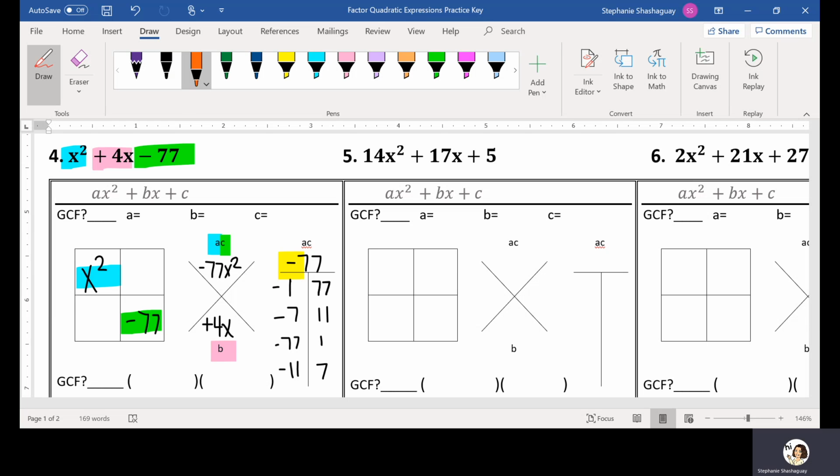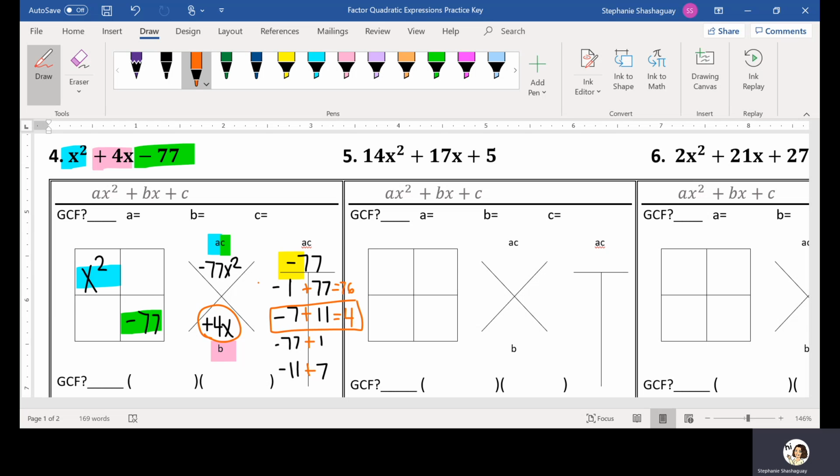Okay, I'm still going to do the same thing. I'm still adding these numbers together to see which one is going to give me this positive 4x. Well, negative 1 plus 77 is going to give me 76. Negative 7 plus 11 is going to give me 4.